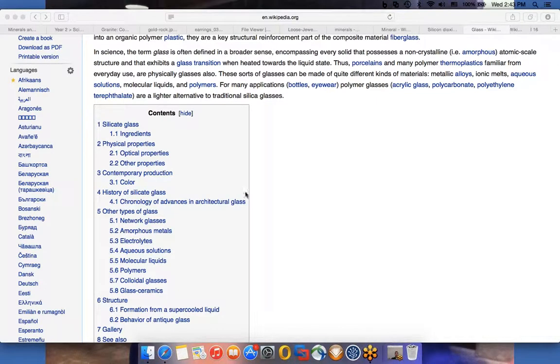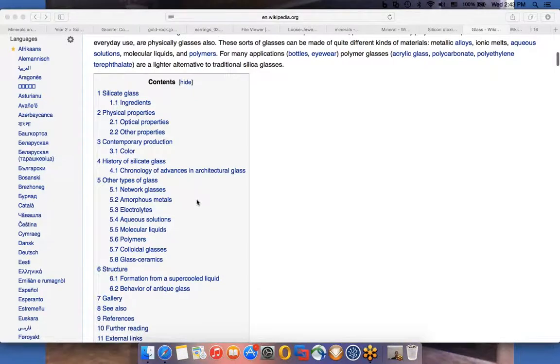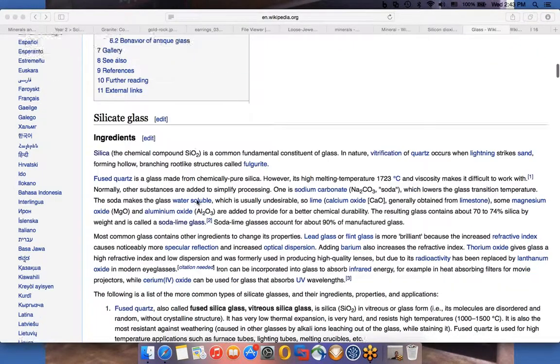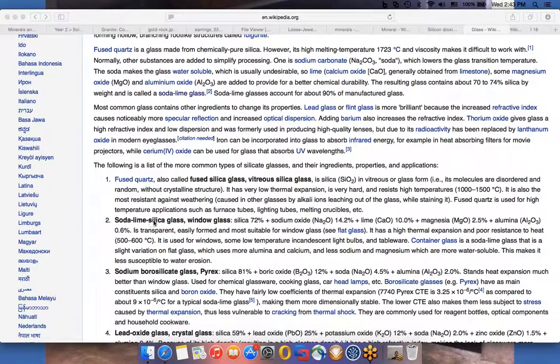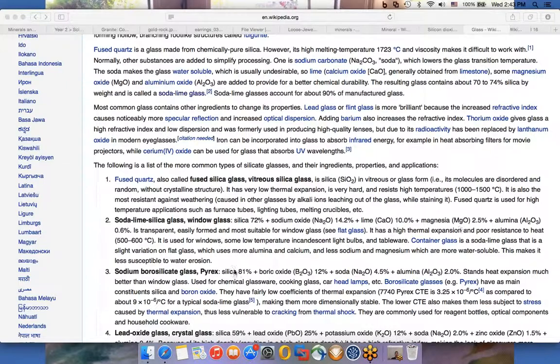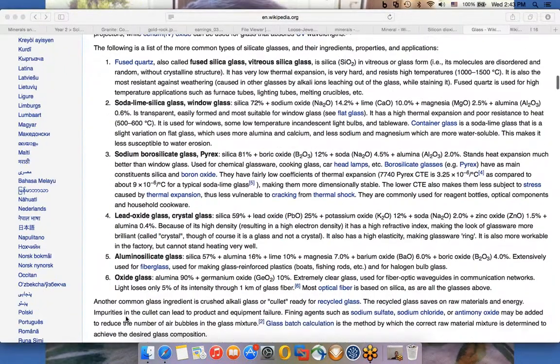But this is a very interesting article on glass, on the different types of glasses and how they are made, including soda-lime silica glass. It has even more information about that and other types of glasses.